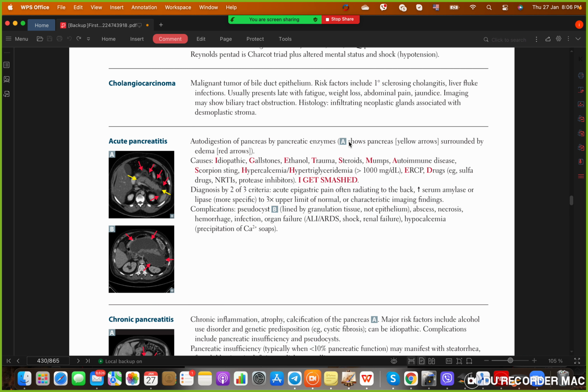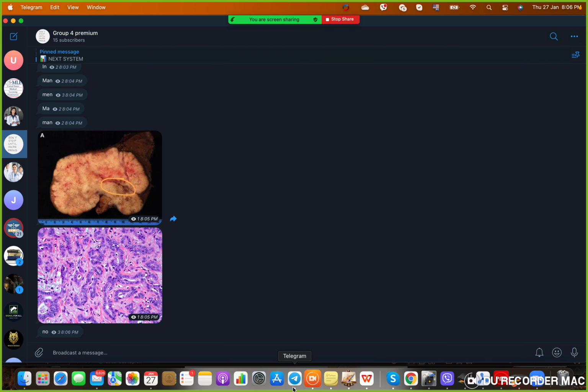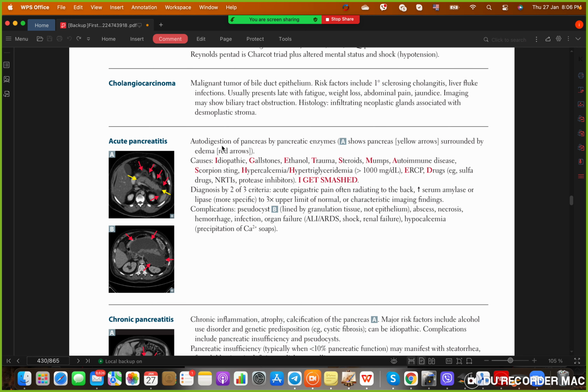Which enzyme does the pancreas produce? The answer is many. We have lipase, amylase, elastase, trypsin, chymotrypsin, we have so many. So it can lead to autodigestion of the pancreas by the pancreatic enzymes.